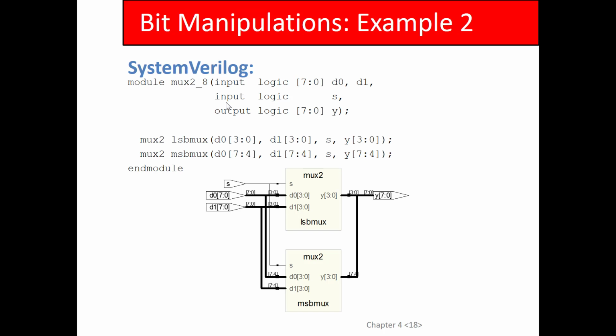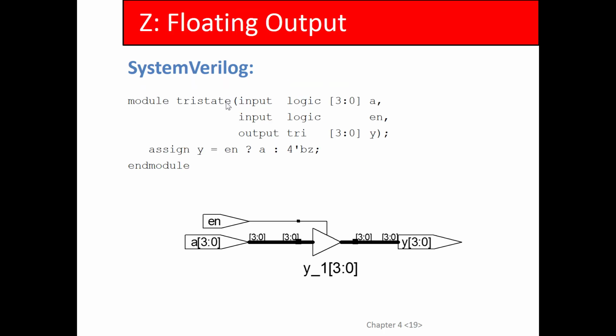You would overdrive Y. But it's okay here, because I'm explicitly setting only the lower 4 bits of Y here and the upper 4 bits of Y with this one, right? So it's the same signal, but none of the individual bits are being double driven. Does it make sense? So this could be dangerous. Be careful with that.